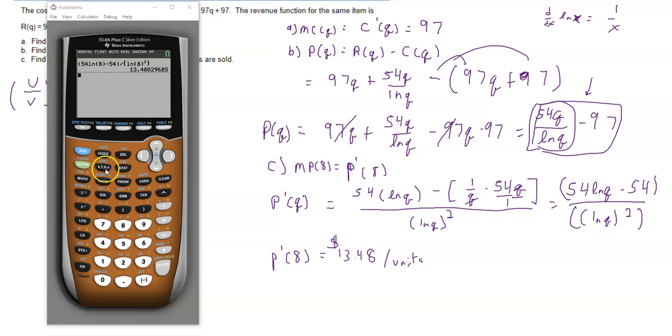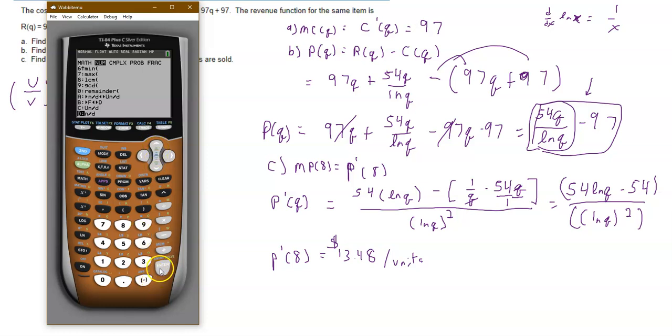Now, optionally too, in the calculator, you could do math, num, and you can go to the fraction entry, and then you could type in the different pieces of the function on the top, and then on the bottom it's a little small and hard to see, so I like to do it in line.